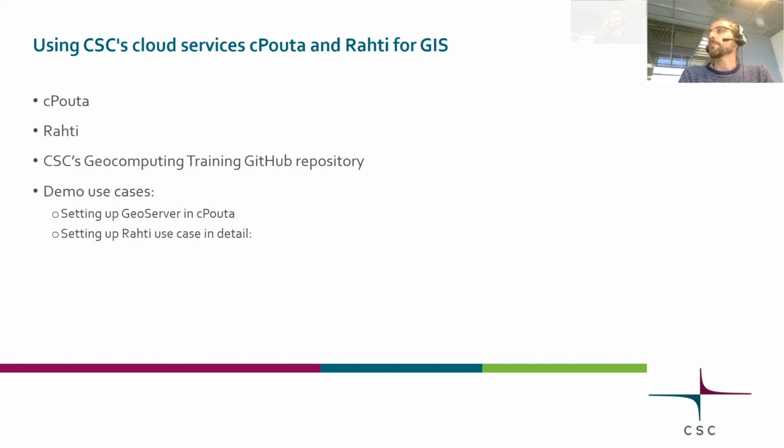And a second platform that we have here in CSC is this Rahti, which is a container platform where you can distribute your containerized applications. We'll see that a bit later.